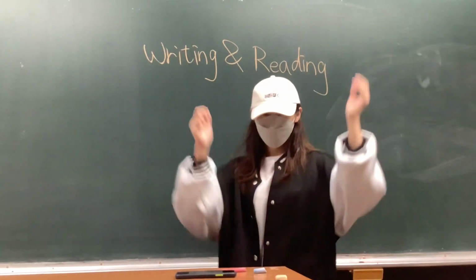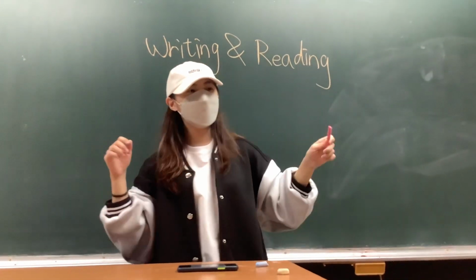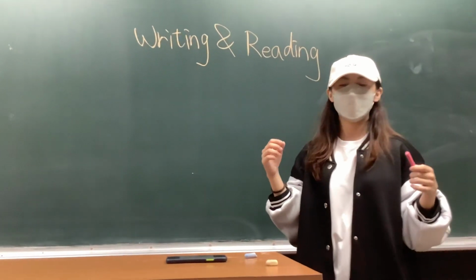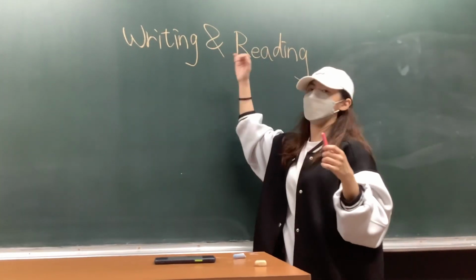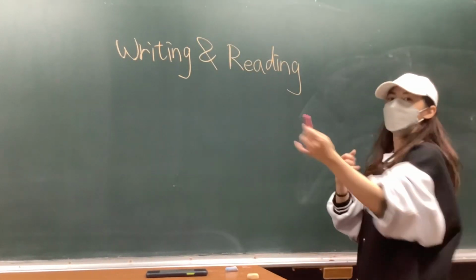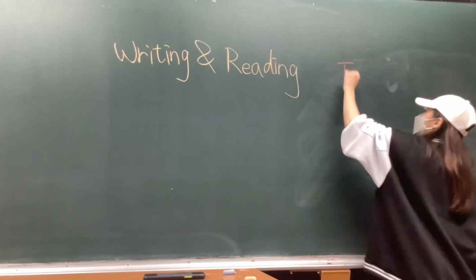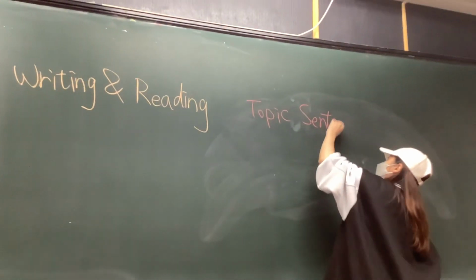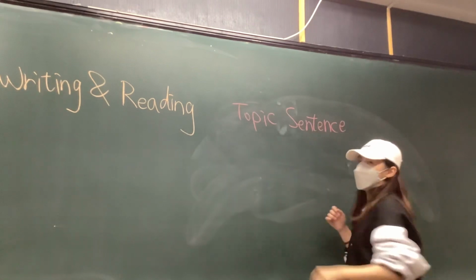Okay, very well. So, the sentences that you just marked are the significant elements that could make up a good and organized paragraph. The sentences you marked with the red pen are what we call a topic sentence. What the topic sentence does is show the main idea of the whole paragraph, okay?